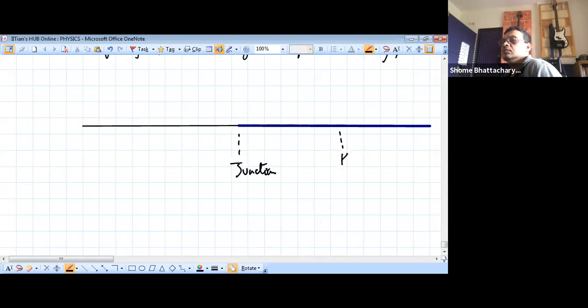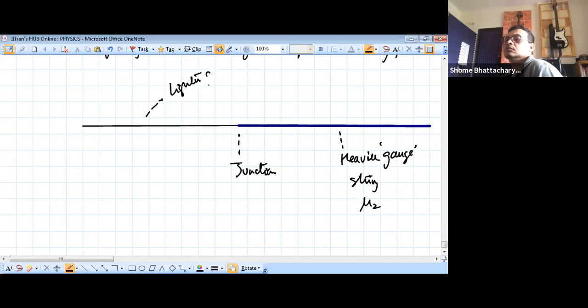between a heavier gauge string, say mu2, and let's say mu1.